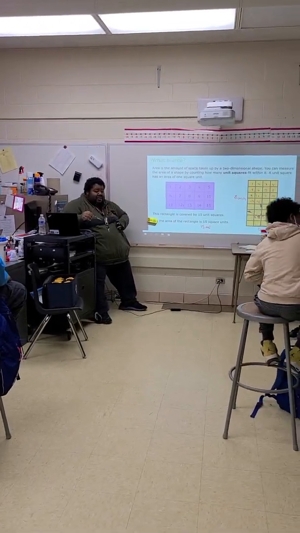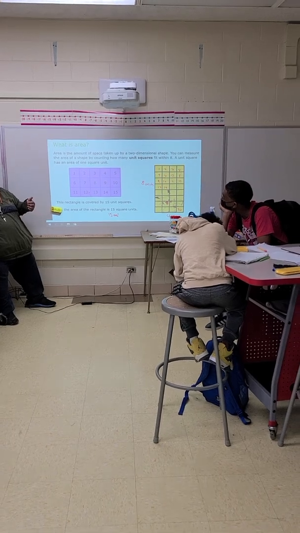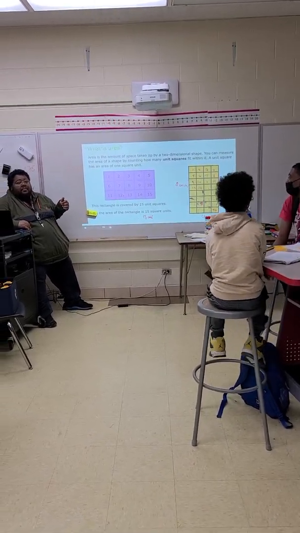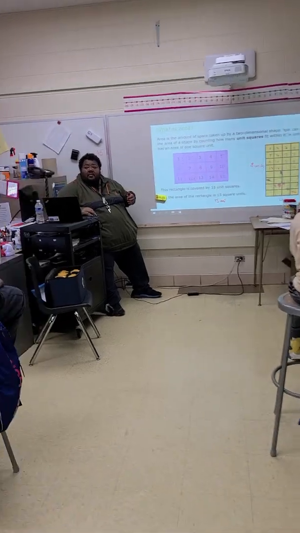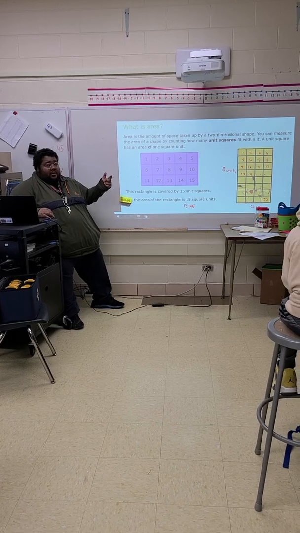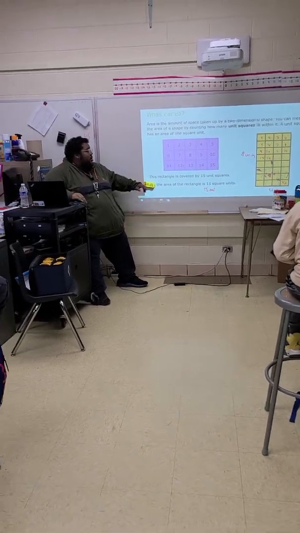If you're working in meters, it's going to be meters squared. If we're working in inches, it's going to be what? Inches squared. Working in feet, it's going to be feet what? Feet squared. Because we're doing 2 dimensions. What are the dimensions we're working with here?